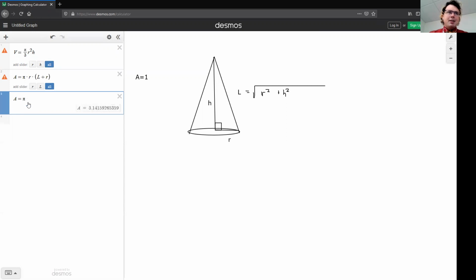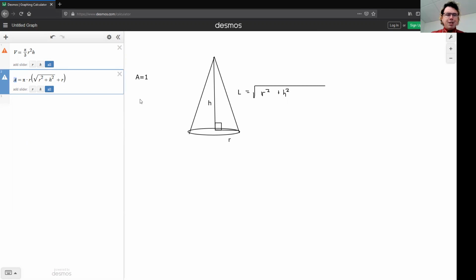So I will replace that L. That's actually the square root of r squared plus h squared, and then plus another r. Okay, well, that looks a little bit better. Next, because this area must be equal to 1, I'm going to start solving for h.